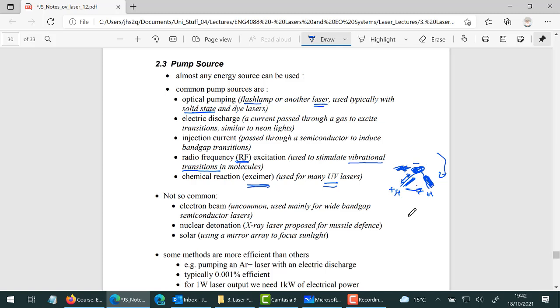Or the whole thing could oscillate with the arms moving closer together and oscillating backwards and forwards that way. So there's lots of different options. But these are lower energy, and so we only need lower energy excitation, so radio frequency will do.